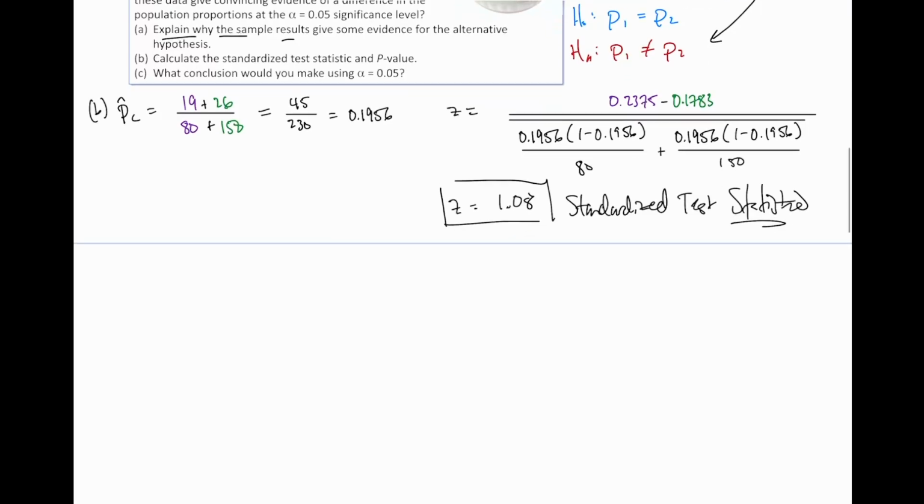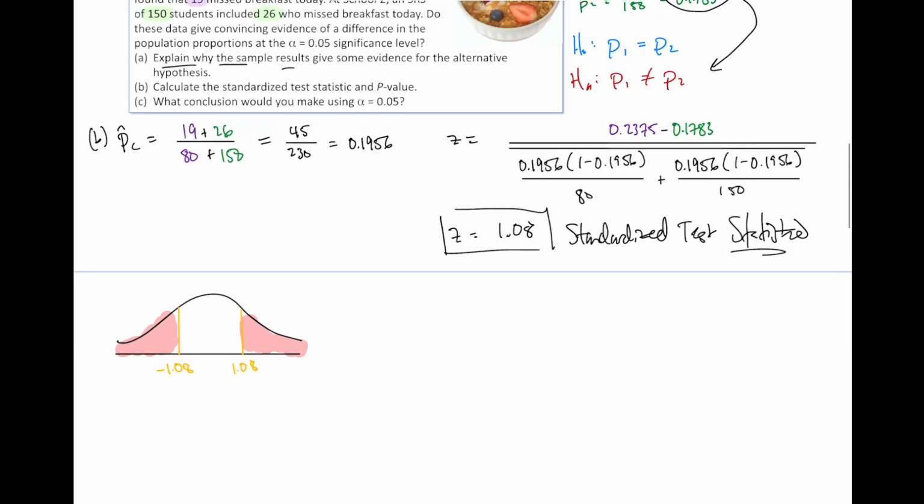Okay, so if we remember this here, this is our standardized test statistic at 1.08. And since our alternative hypothesis is that it is not equal to, we really want to find these two areas here on either side of this because of our alternative hypothesis. Our alternative was that it was not equal to, so we want to go on either side.